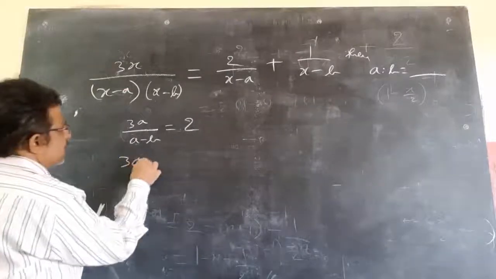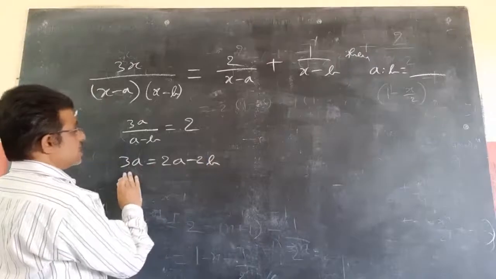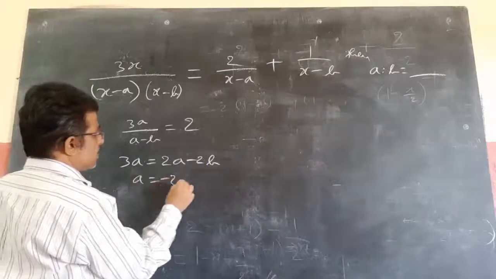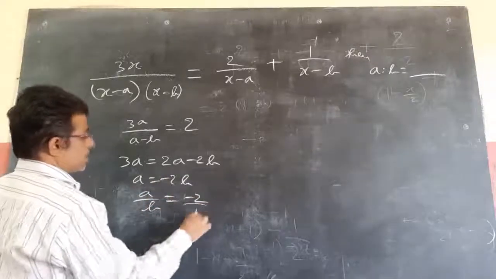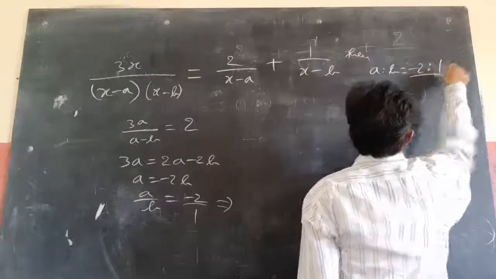So 3a equal to 2a minus 2b. Taking 2a to this side, a equal to minus 2b. So a by b equal to minus 2 by 1. This is nothing but a is to b equal to minus 2 is to 1.